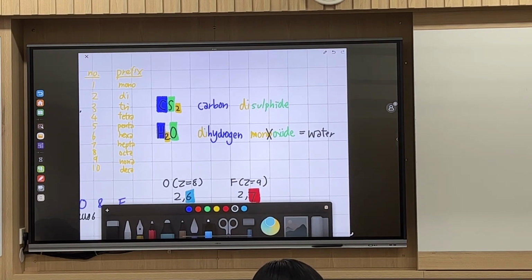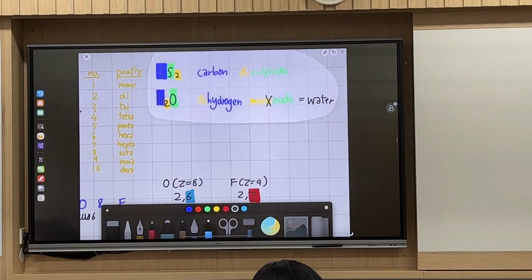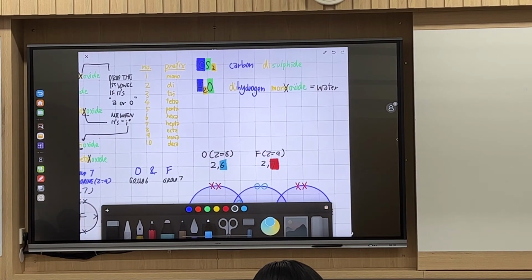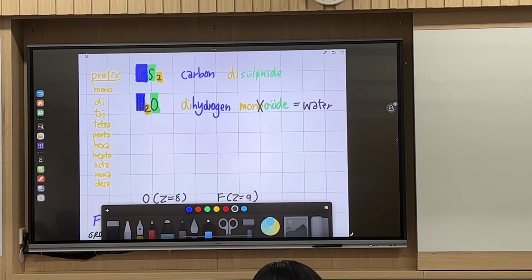Some molecules have common names, just like you may have nicknames. You have your name, but some people may also call you by your nickname. So the nickname of water is water. The systematic name is the official name, dihydrogen monoxide, and this is the common name.